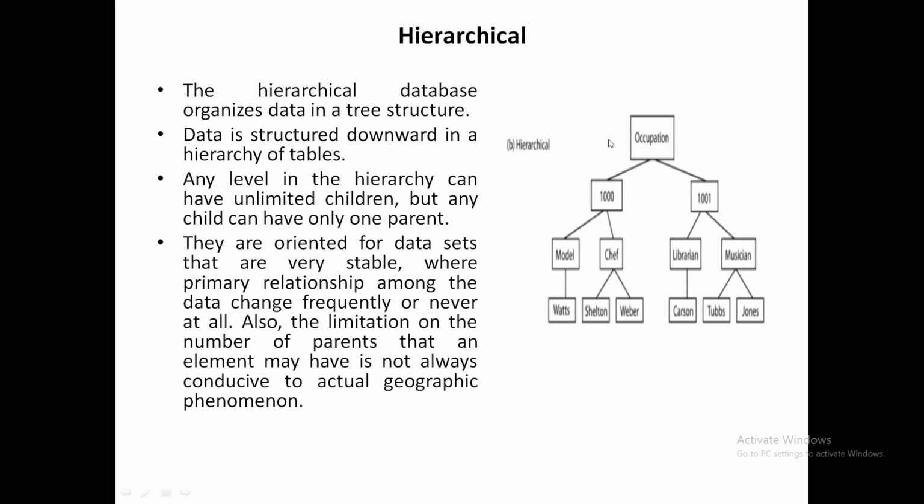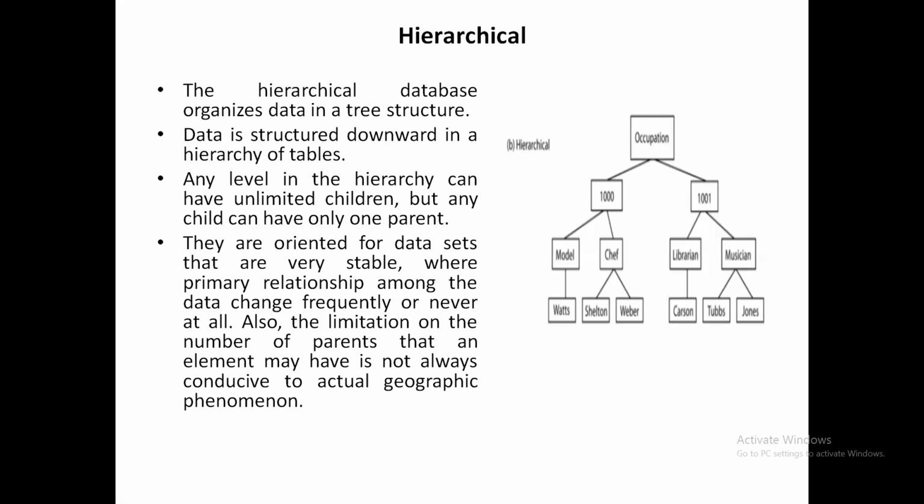In the hierarchy, you are going to see the first hierarchy is occupation. In the second hierarchy, there are 2 children associated with the occupation. And in the third hierarchy, for 1000 there are 2 children, and for 1001 there are 2 children associated with it. This is called hierarchy. In this tree structure, a parent can have any number of children, but a child can have only one parent. This is the main constraint of the hierarchical data model.